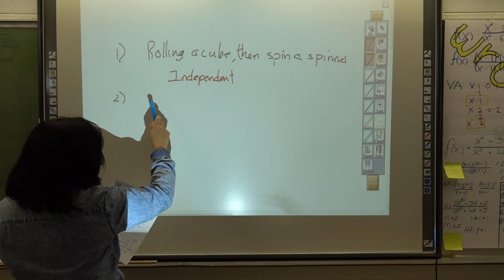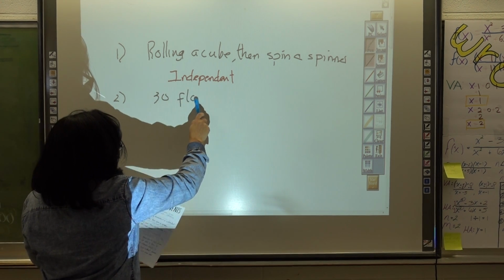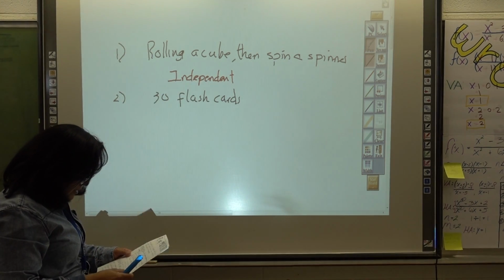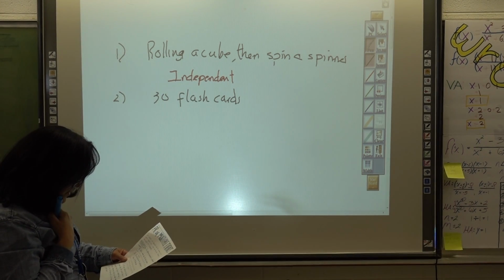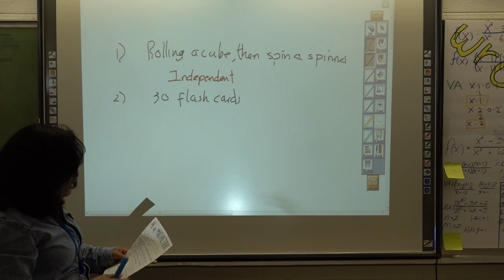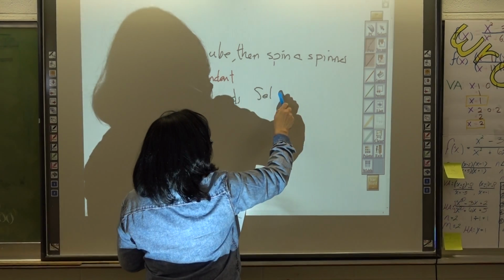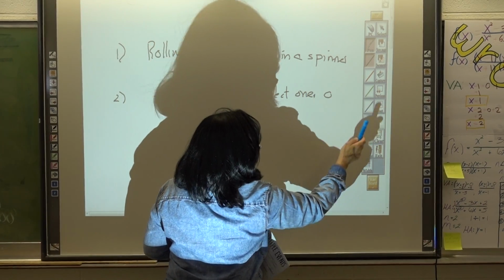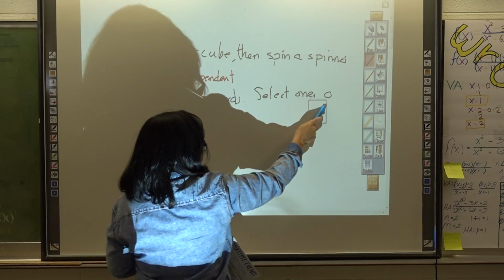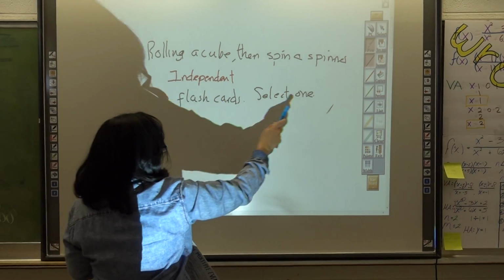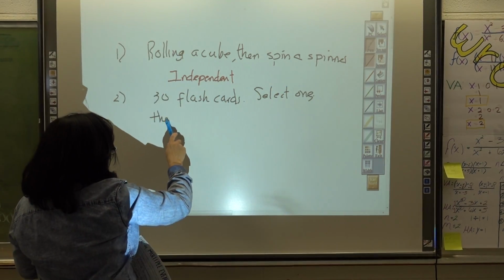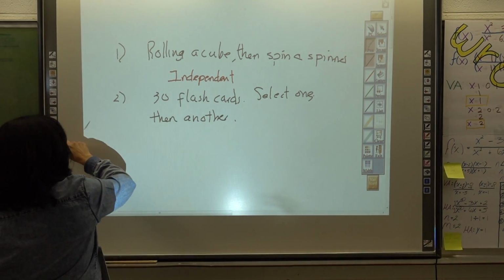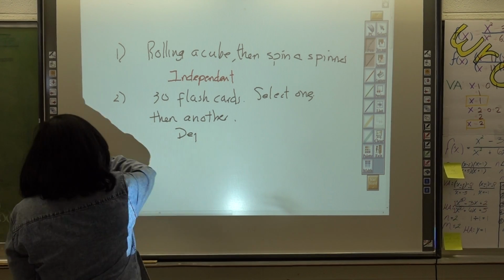So 30 flashcards, and we are selecting one, and then another one. Then these are dependent.